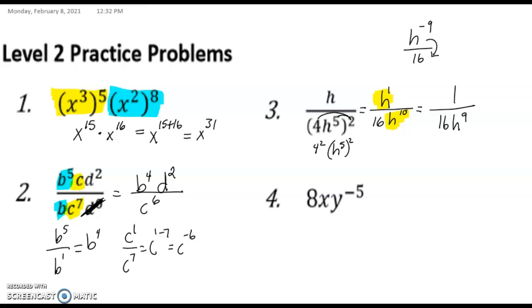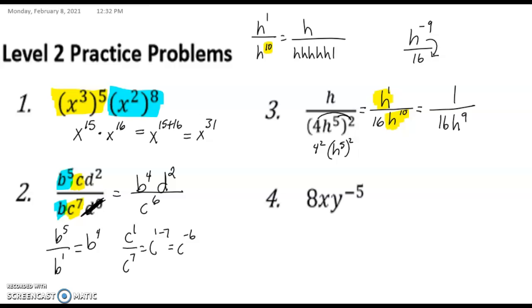Now I want to show you a different method of how I subtract on these. When we have something like h to the 1 over h to the 10, you can just subtract in any order. You can do 1 minus 10 and get negative 9, or 10 minus 1 and get 9. The key is where the bigger power is. So 10 is the bigger exponent. That's where the remaining h's are going to be. So picture this. H to the 1 is like this.